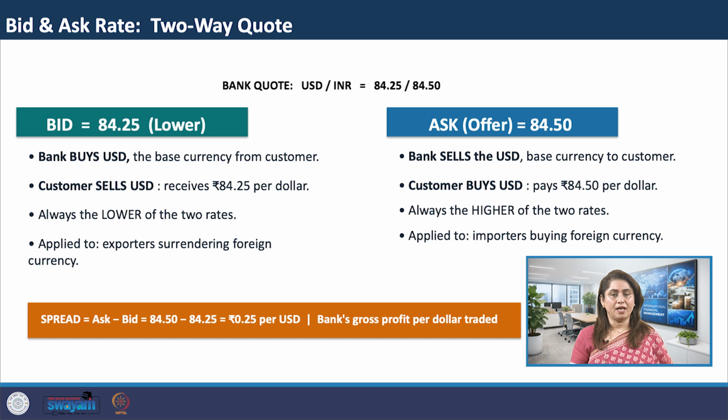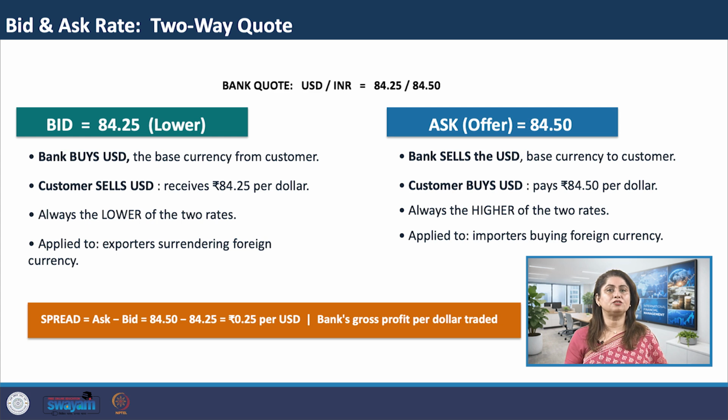per dollar. On every single dollar, the bank, as intermediary, buys from the exporter at 84.25 and sells to the importer at 84.50, so the bank earns 25 paisa. When you multiply 25 paisa per dollar across the millions of dollars that flow through a major bank in a single day, you begin to understand why forex trading is an enormously profitable business for banks.